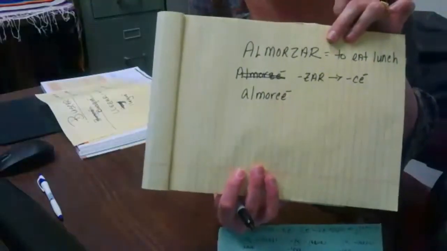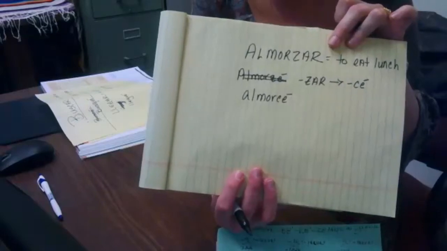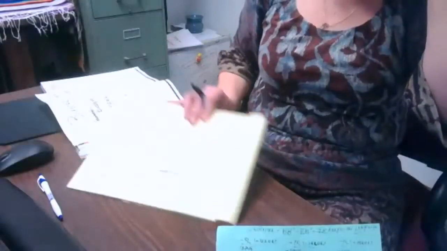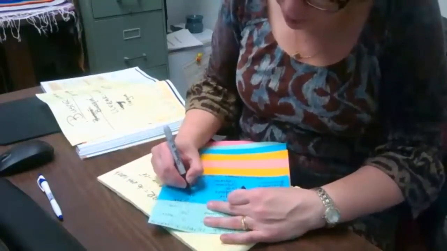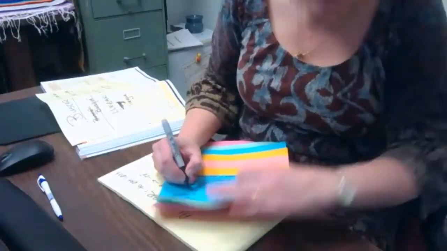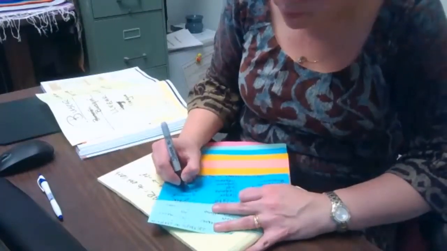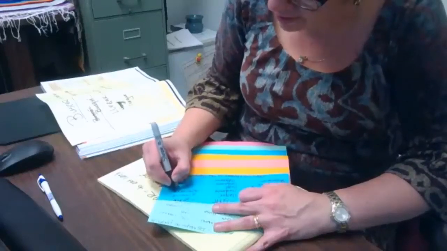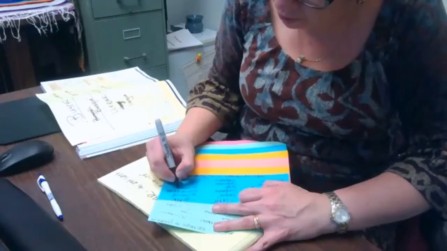I ate lunch. Almorcé. So let's put that over here. In our book, we're going to put almorcé. But then the rest of the conjugation is completely normal, like any other AR verb. Almorzaste. You keep that Z. Almorzó.